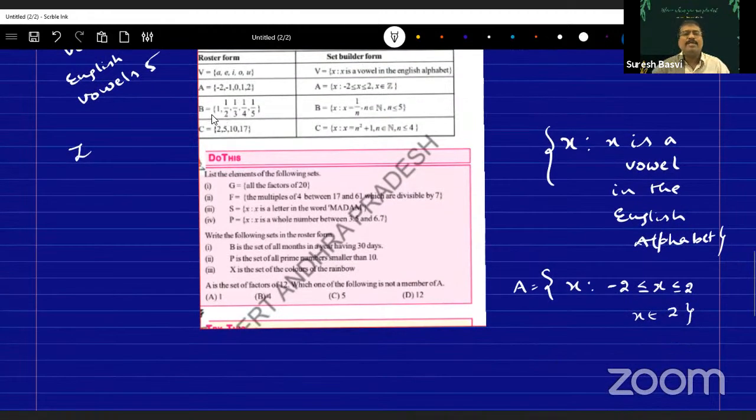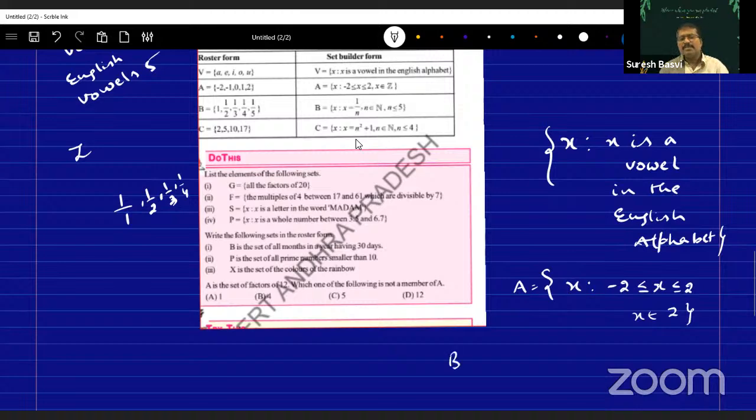Next, B is {1, 1/2, 1/3, 1/4, 1/5}. See this, 1 can be written as 1/1. These are all simple proper fractions, and all denominators are natural numbers.